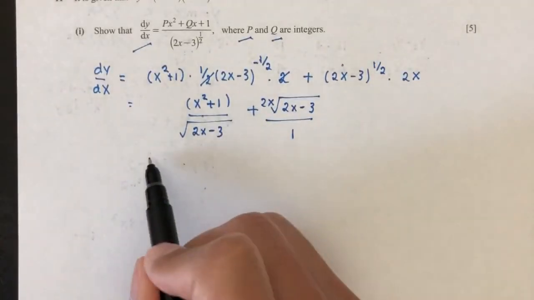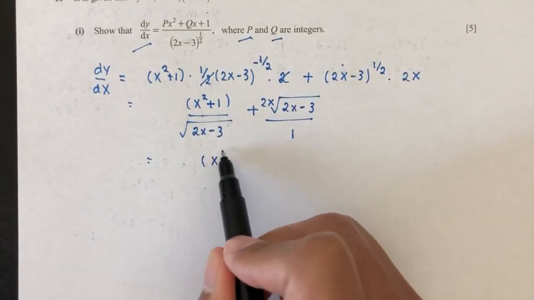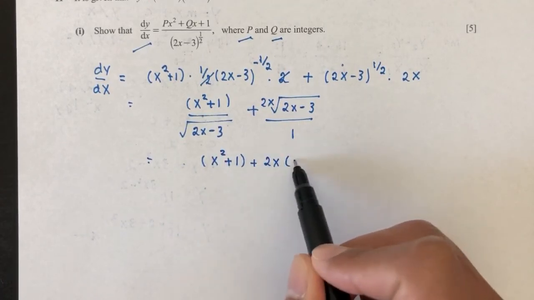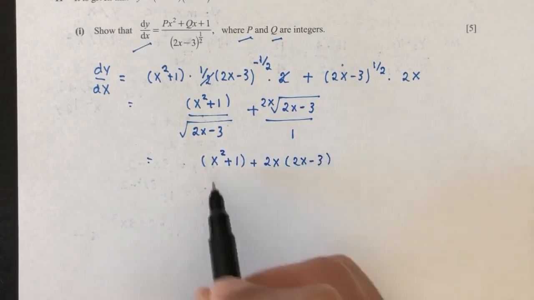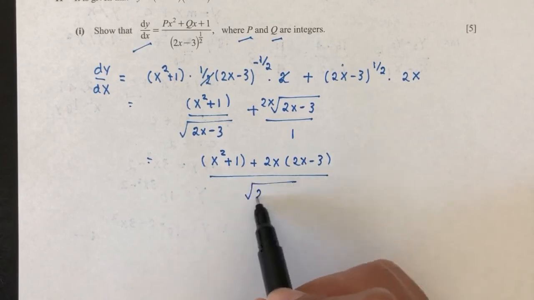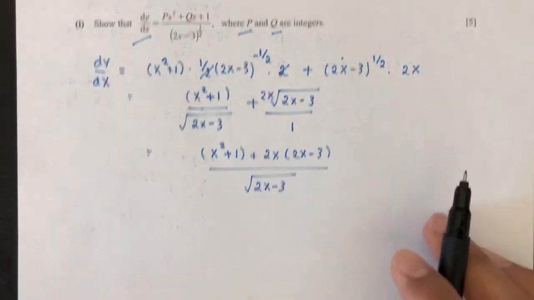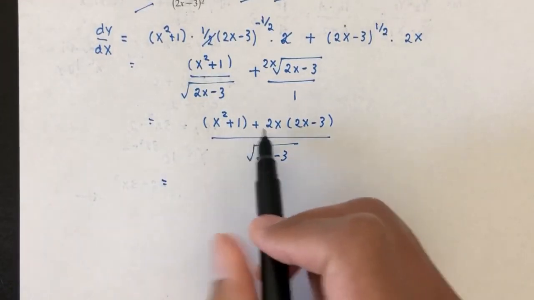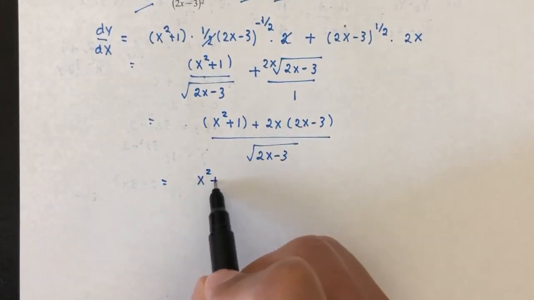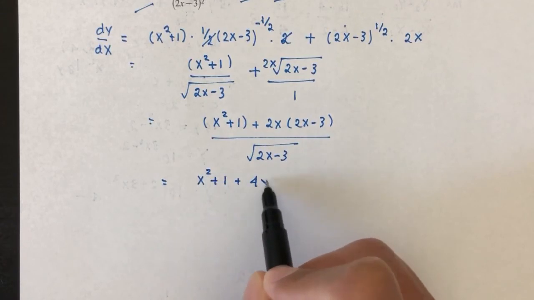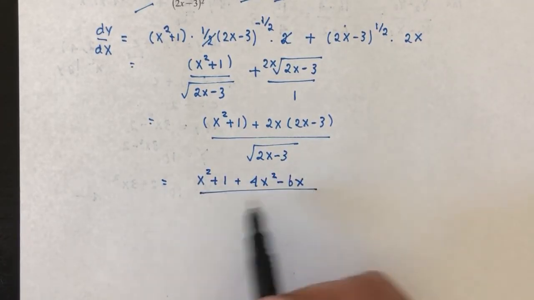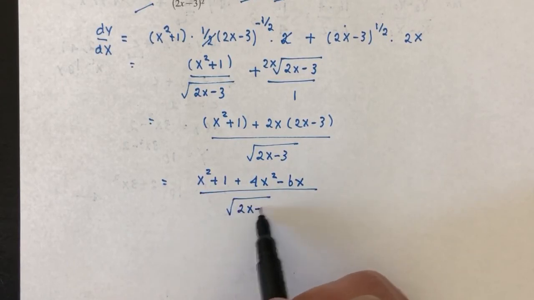So let's find the LCM. So we have this plus 2x minus 3 over square root of 2x minus 3. So what do we have here? So let's expand. This becomes 4x squared minus 6x divided by this.